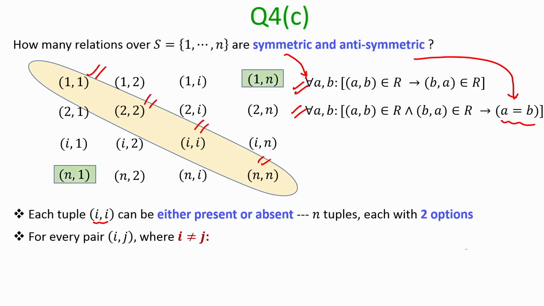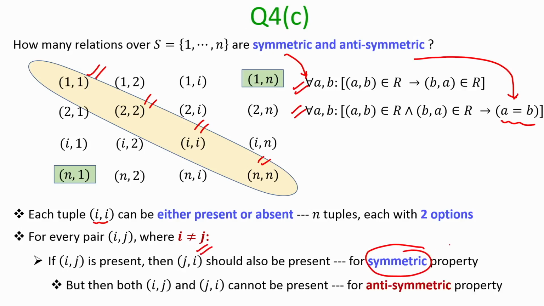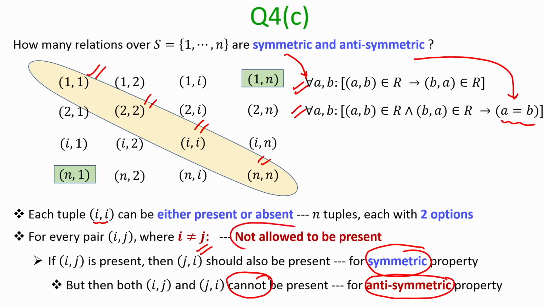What about the ordered pairs of the form (i, j) where i and j are distinct? Again, if I decide to include (i, j), I am forced to include (j, i) to maintain the symmetric property. But since i and j are distinct, I can't have both (i, j) and (j, i) simultaneously present in my relation, because that will violate the antisymmetric property. So, the conclusion is that for every ordered pair of the form (i, j) where i and j are different, I am not allowed to include them.